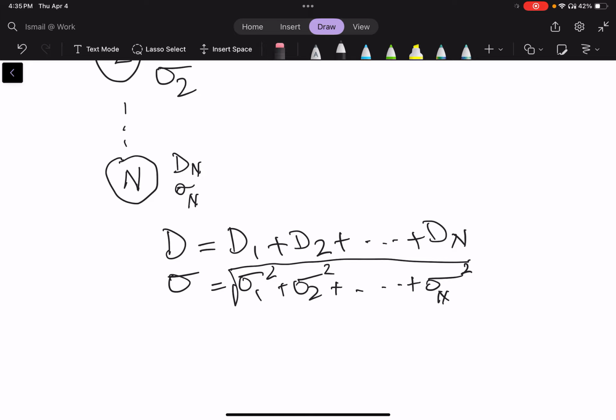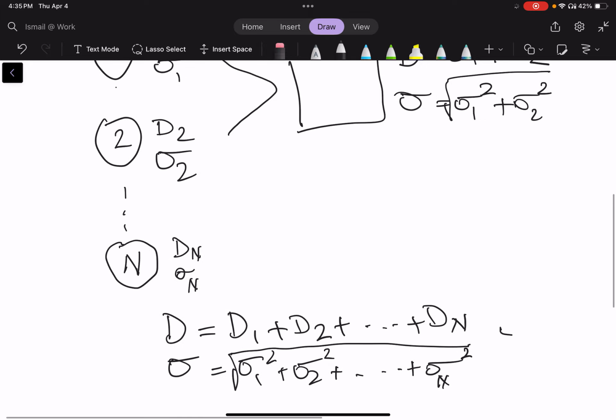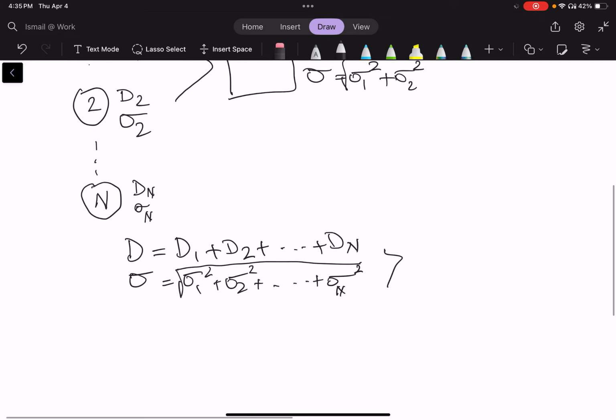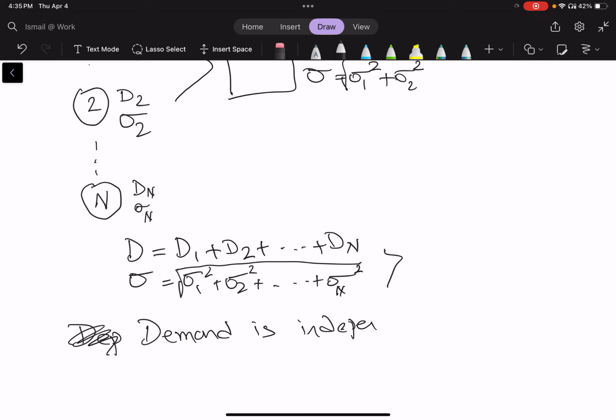Now, there is a special case for this scenario where I could assume that demand at location 1 has the same parameters as location 2, as the third, as the Nth one, right? So what I mean is that demand is still independent and identically distributed.